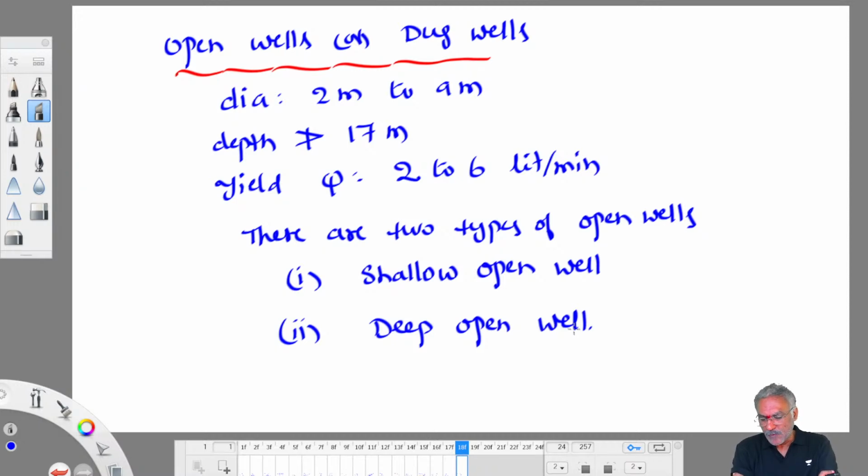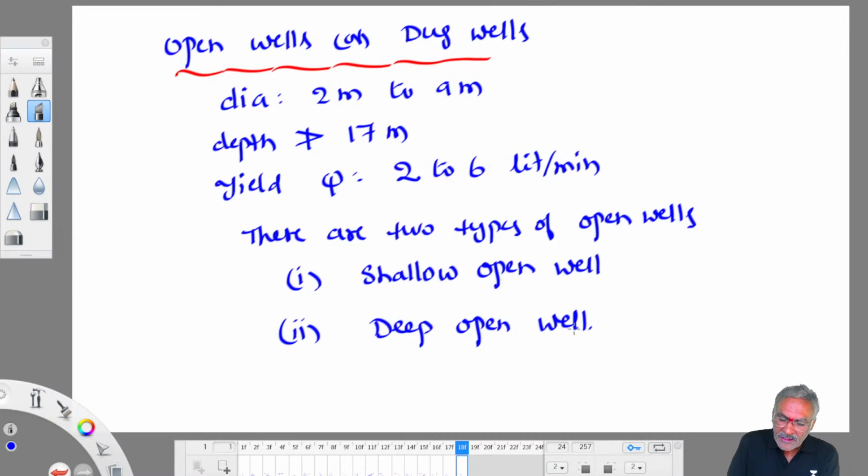Deep open well rests on the impervious strata and collects water from the aquifer lying below the impervious strata. Okay, that's the difference. Sometimes a deep open well may be shallower than a shallow open well. It is based on the way the well is drawing water from the ground.